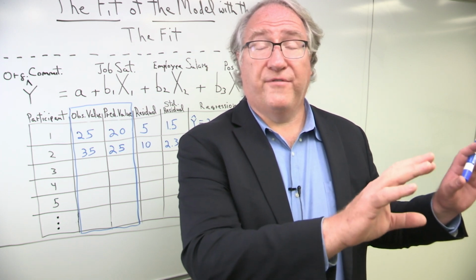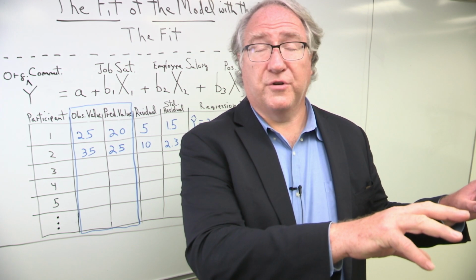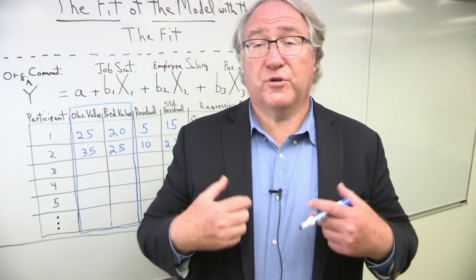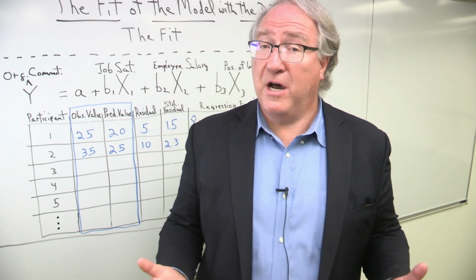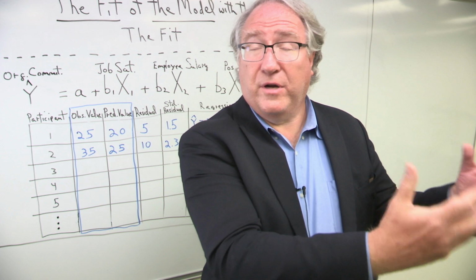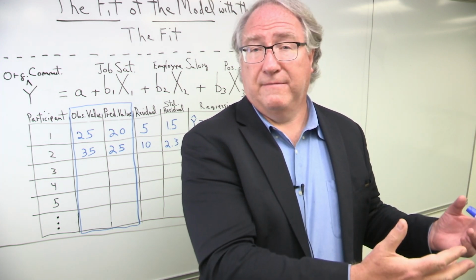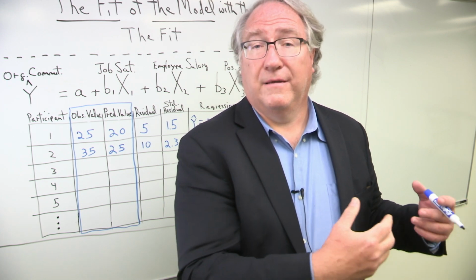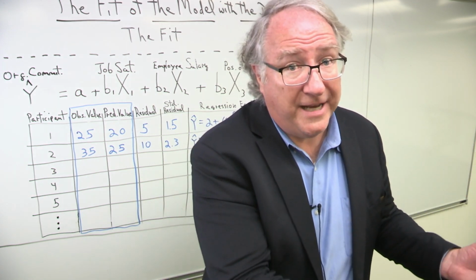And the more of that variance in the actual observed values on the outcome variable measure that you can reproduce or capture with your variance in the predicted values from the model, then the more of that variance on the outcome variable measure that you're accounting for or explaining, or the better of a fit that you have of the model with the data.